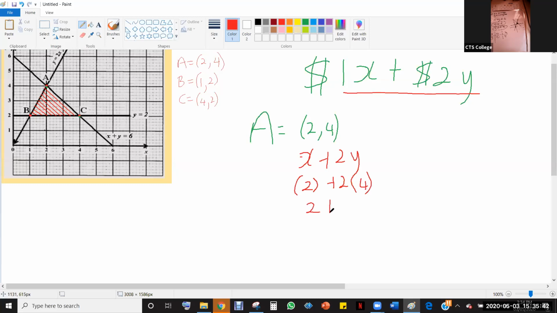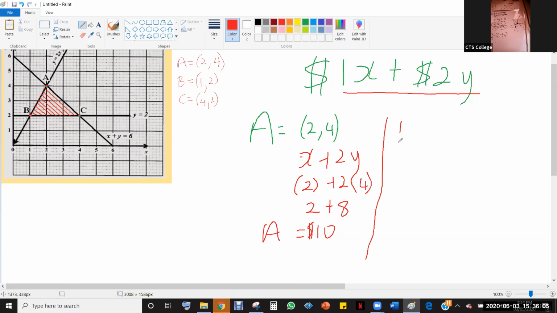So 2 plus 4 times 2 is 8. So this answer is 10. So how much profit is she making at this point? A is $10 profit. Agreed? Anybody confused?